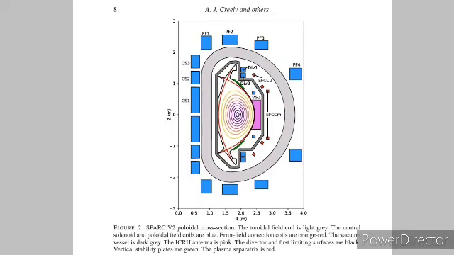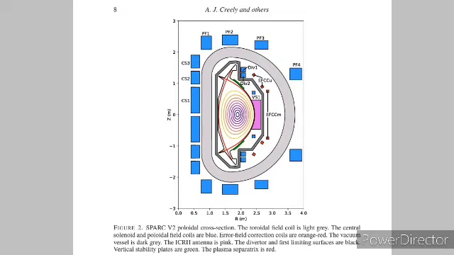In addition, there are 2 pairs of copper coils that are internal to the toroidal field coils, but external to the vacuum vessel. Since these coils are primarily used to actuate the divertor magnetic field, they are labeled DIV1 and DIV2, upper and lower.